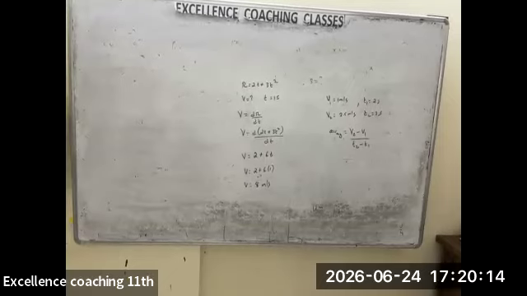Speed is a scalar quantity, velocity is a vector quantity. Speed will always be a positive value. Velocity can be positive, negative or zero. And one more point: speed is how much distance the object is traveling, whereas what is velocity? It is the change in displacement of the object.